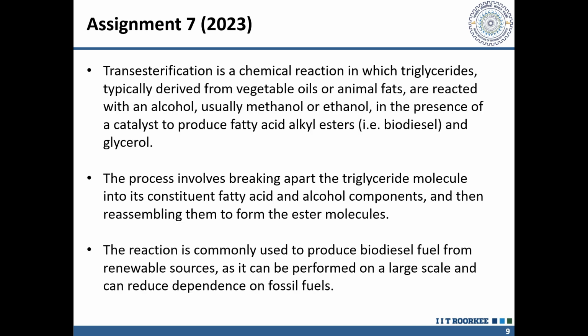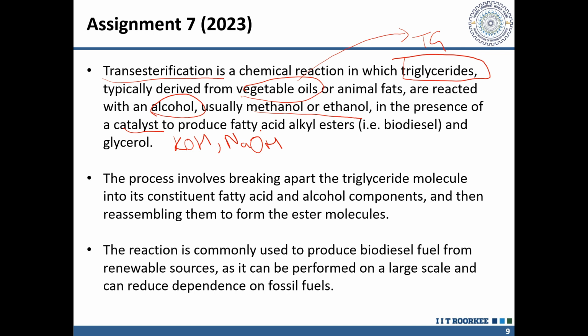The transesterification reaction is a reaction in which triglycerides derived from vegetable oils are reacted with alcohols, usually methanol or ethanol, in the presence of a catalyst. These catalysts are potassium hydroxide or sodium hydroxide.